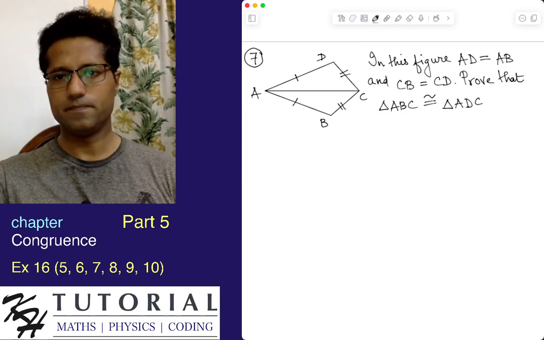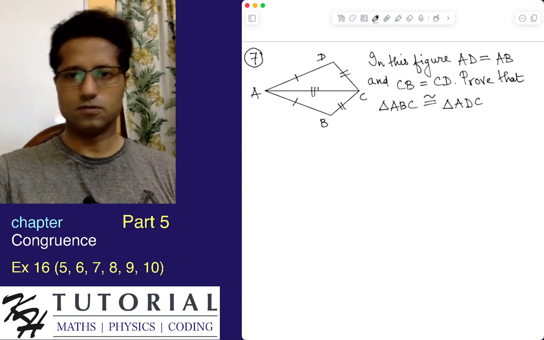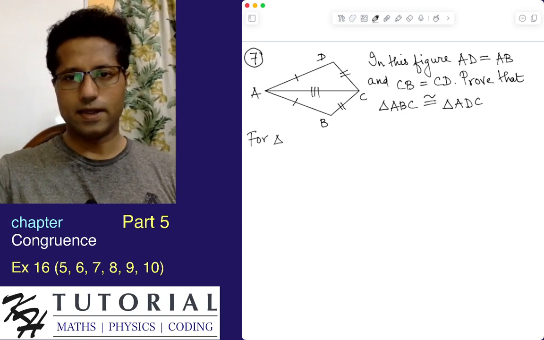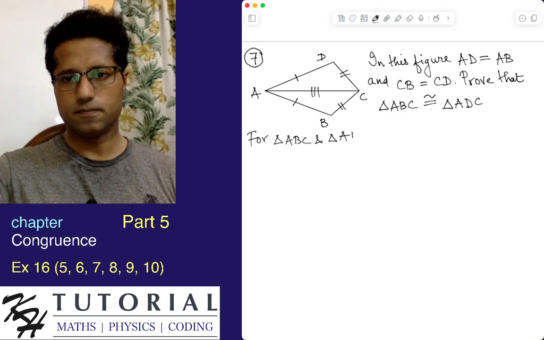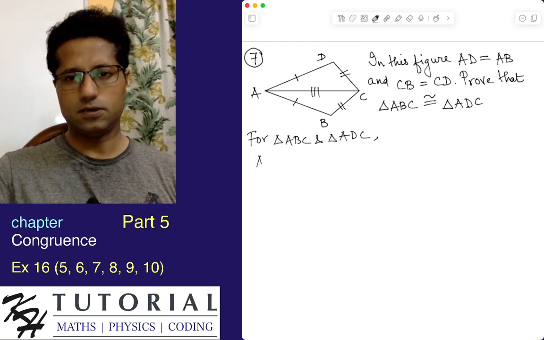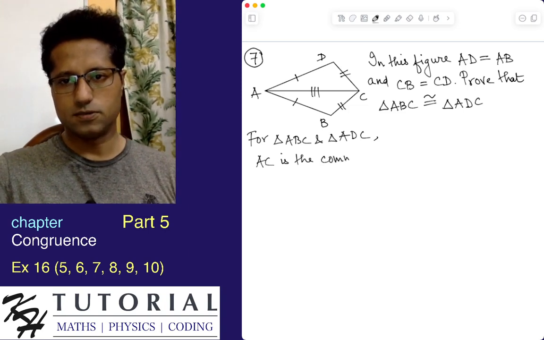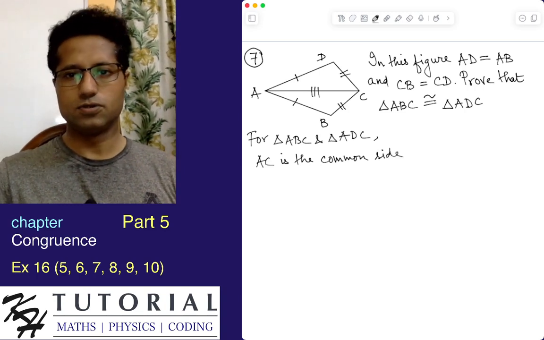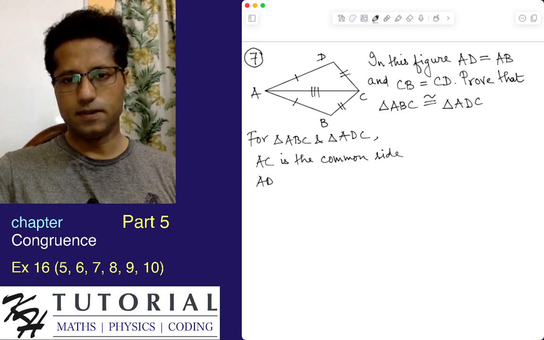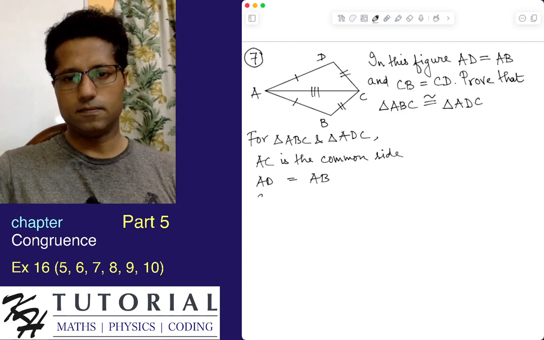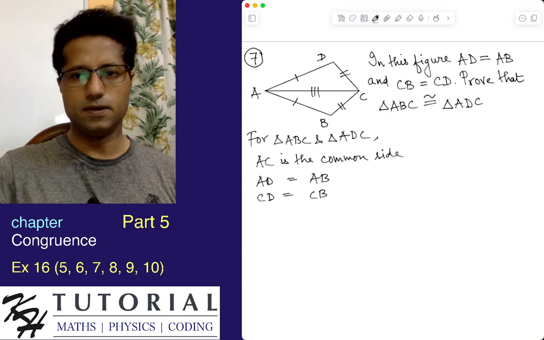Now clearly we can see that AC is the common side. We can show it with 3 lines. So for triangle ABC and triangle ADC, AC is the common side, and also AD is equal to AB, and CD is equal to CB.